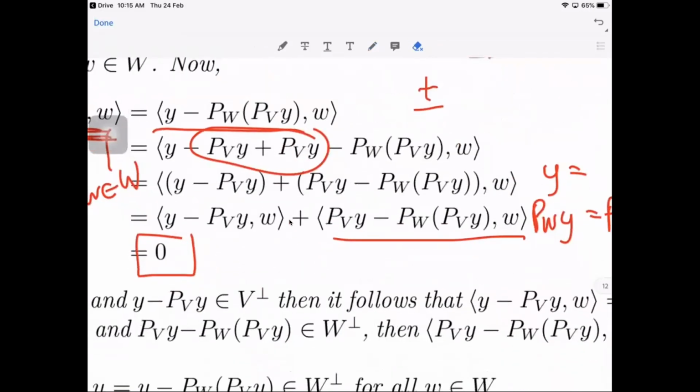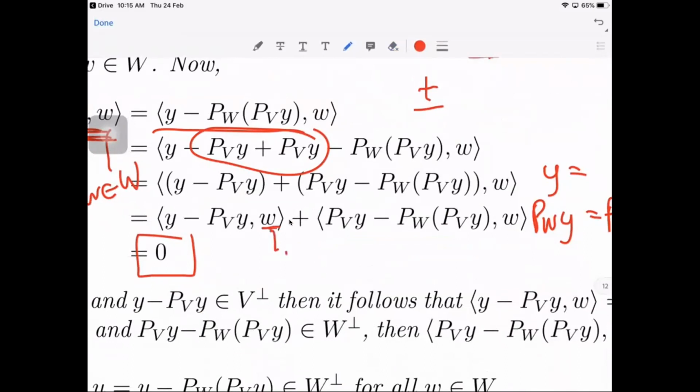Let me enlarge. Okay. So asa ganin ni? This is in W. Correct? Kini asa man ni?